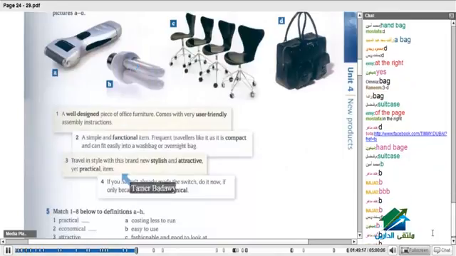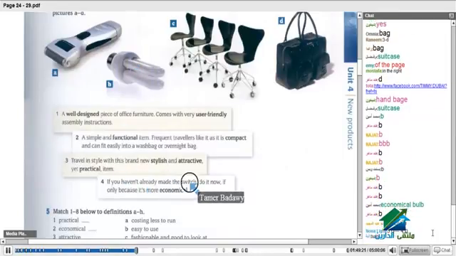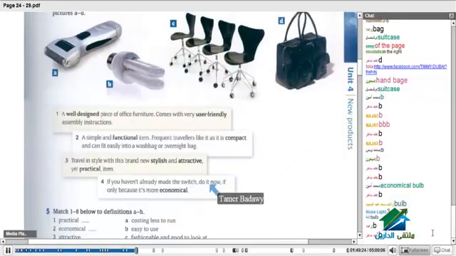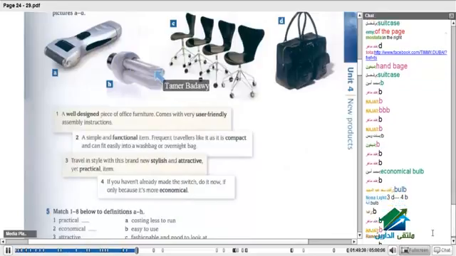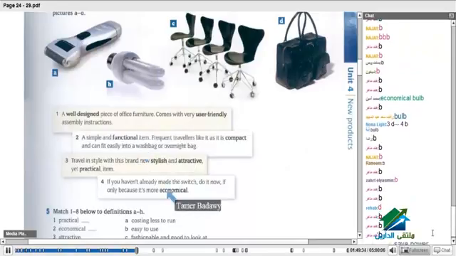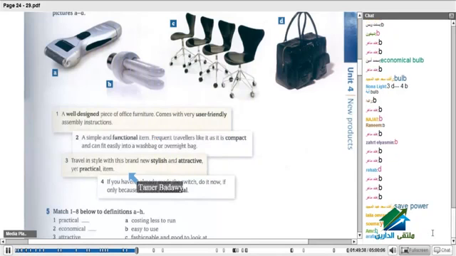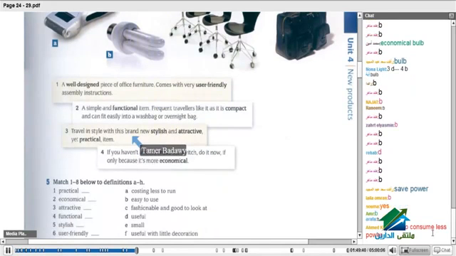B-U-L-B. If you haven't already made the switch, do it now, if only because it's more economical. Economical, meaning energy-saving. Right? Economical. Save power. To save power. Well. Okay.